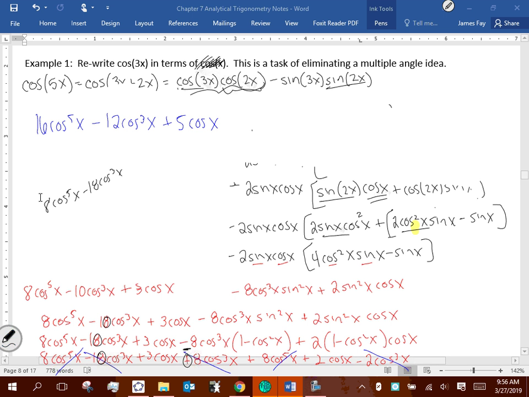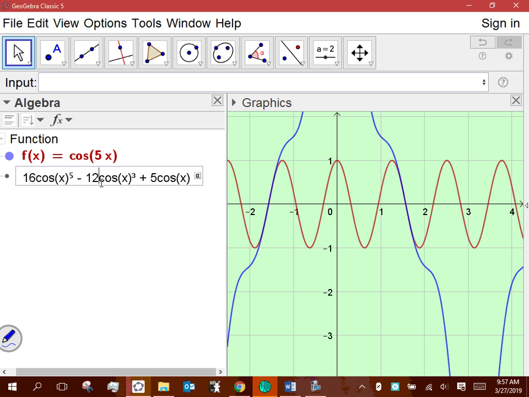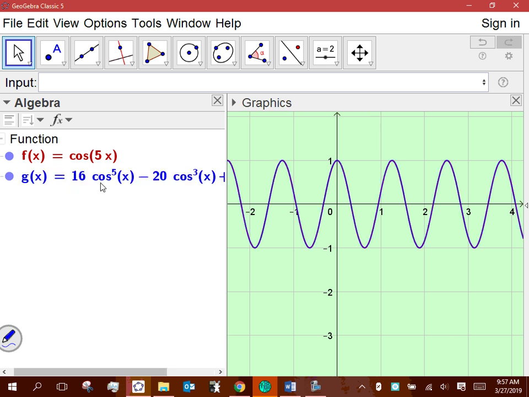So it does go to 16. 16, 16, negative 10, negative 8, is it negative 20? Plus 2, so 16, negative 20, got it. Thank you.